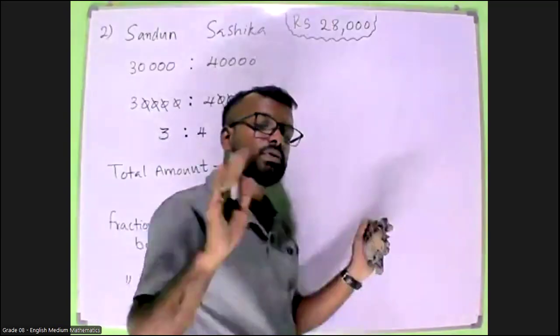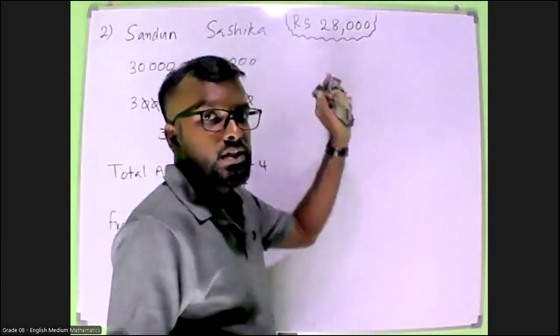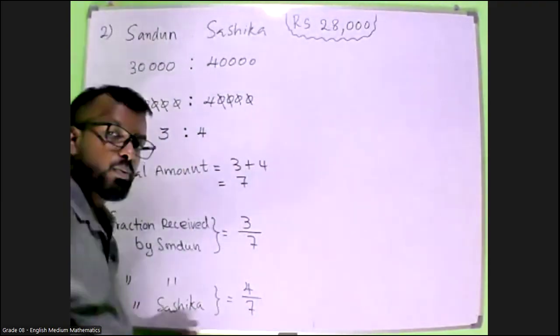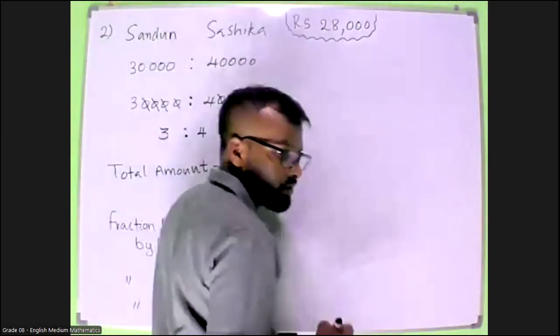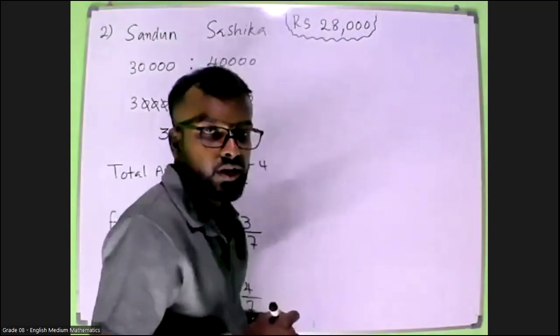Now 80% of the question is done. Right? Now we have to find the profit that was received by Sadun, or the profit that was received by Sashika. Using the fraction, find the amount of money received by each of them.